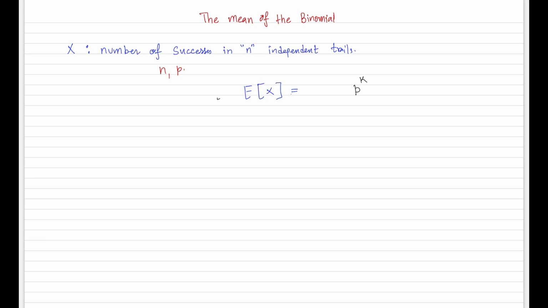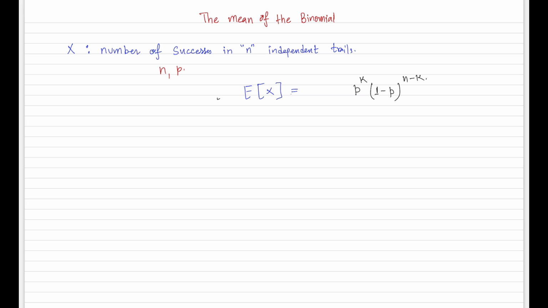Out of n trials we get k successes, and n minus k trials have no success.